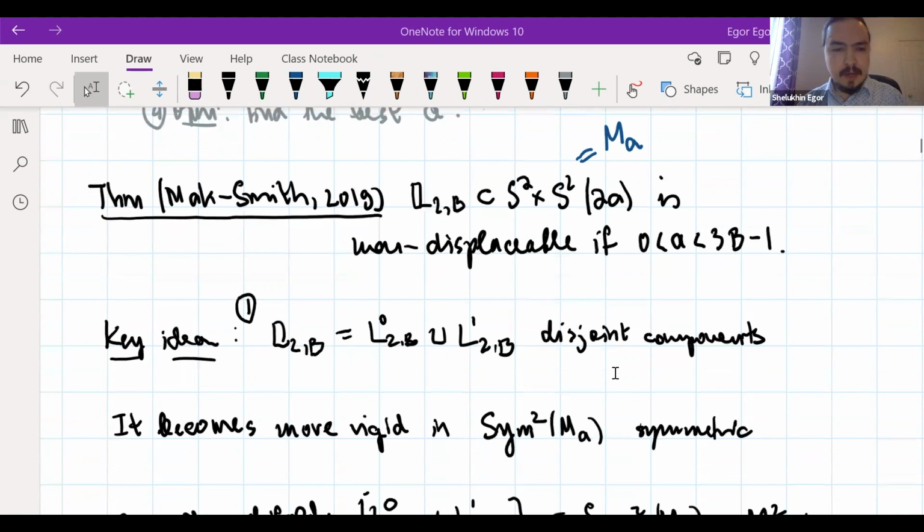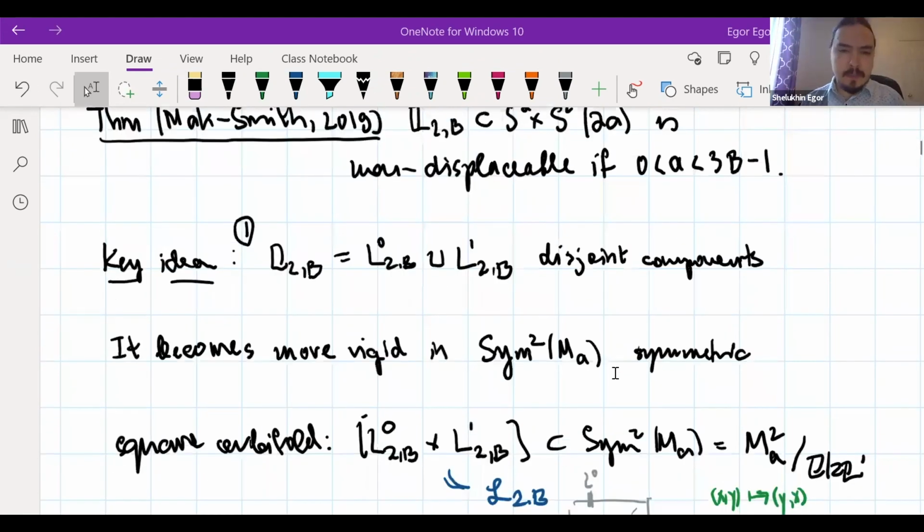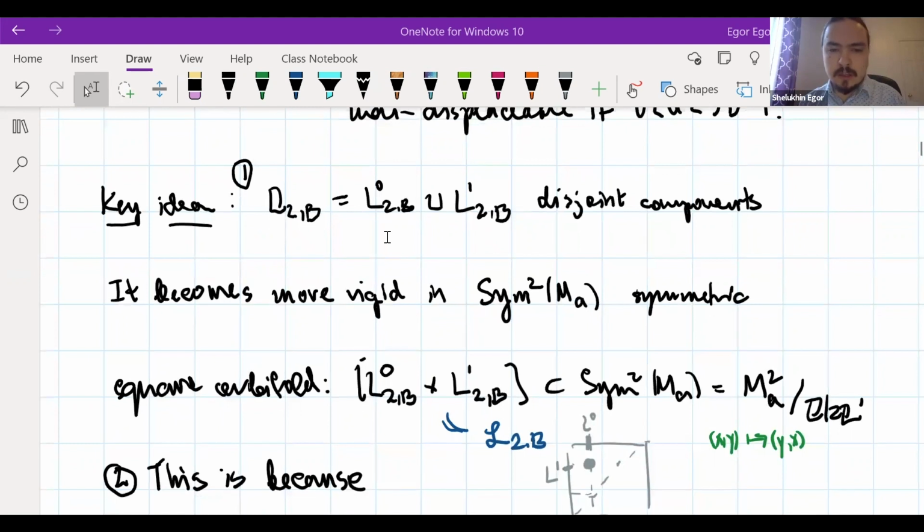More specifically, you can take just the cross product of L_0^{2B} and L_1^{2B}. This cross product by itself is a Lagrangian submanifold of M_A squared, so M_A times M_A, but it is also disjoint from the diagonal. So we can look at its projection in the symmetric square.